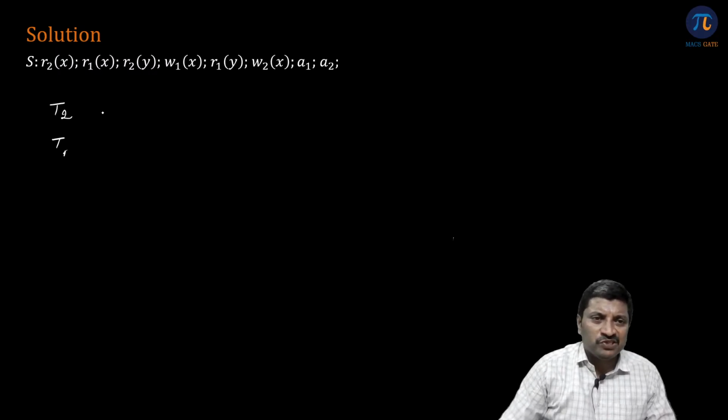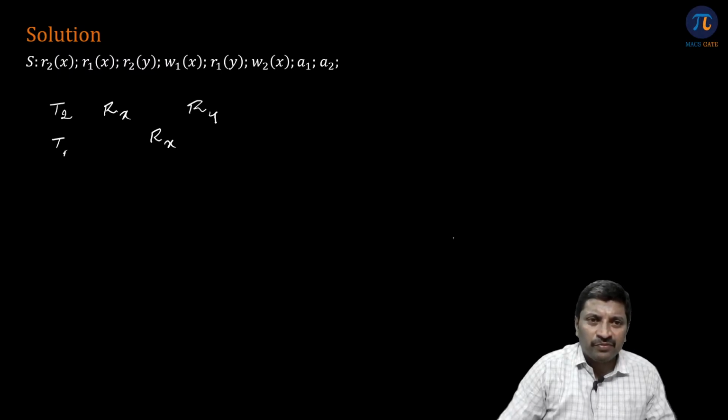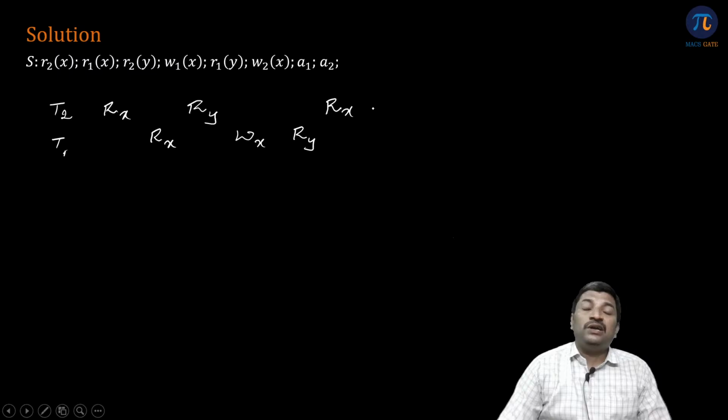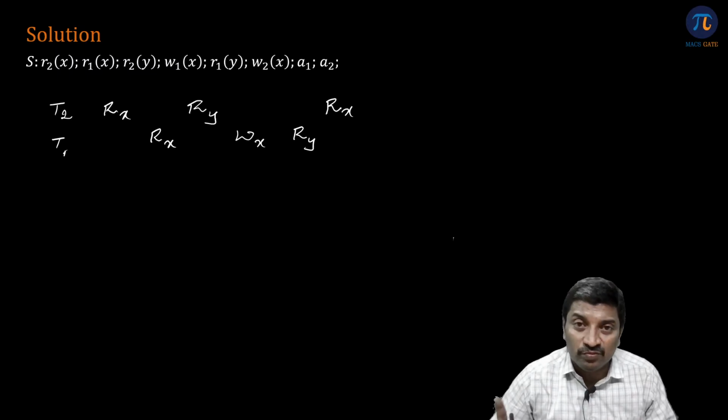What is the first operation, sir? T2 reads X. Then second operation is T1 reads X. Third operation T2 reads Y. Fourth operation T1 writes X. Fifth operation T1 reads Y. Sixth operation it reads X. Now the question is, who is depending on whom?